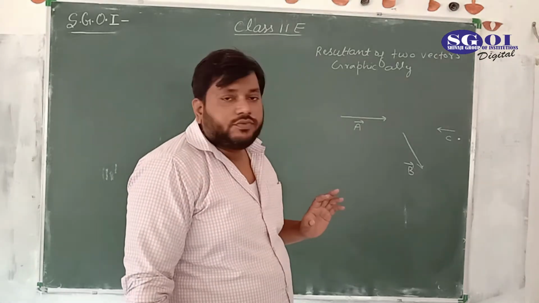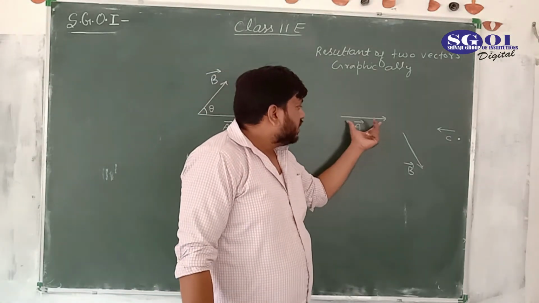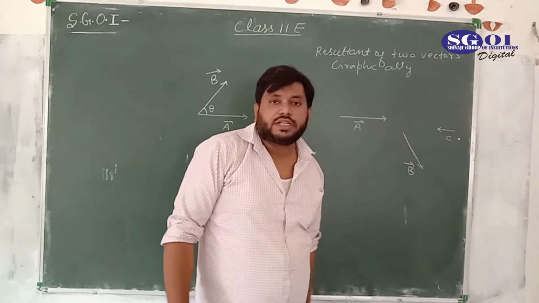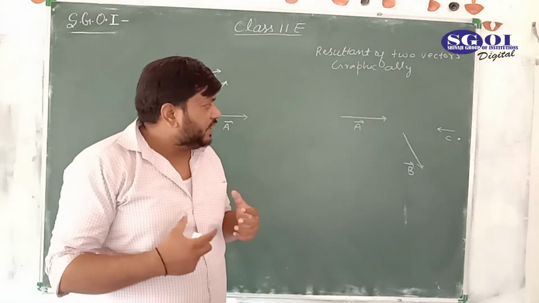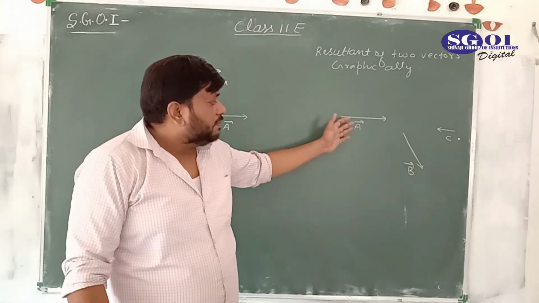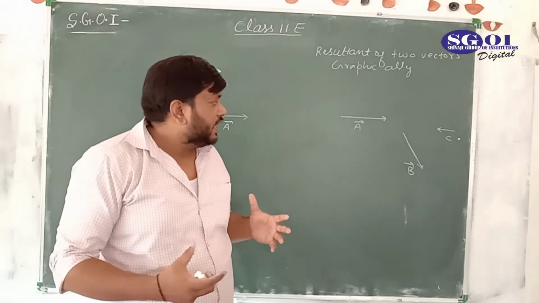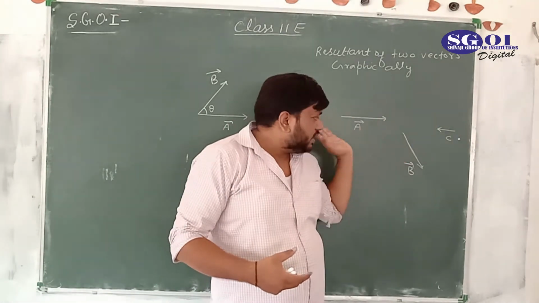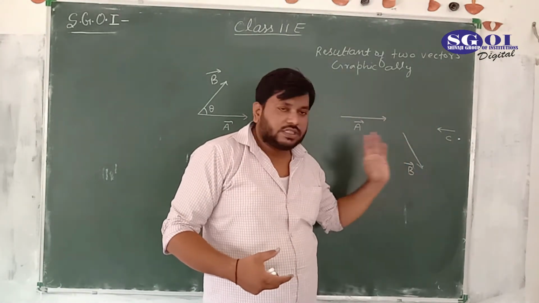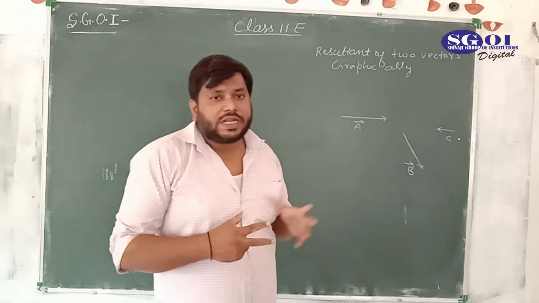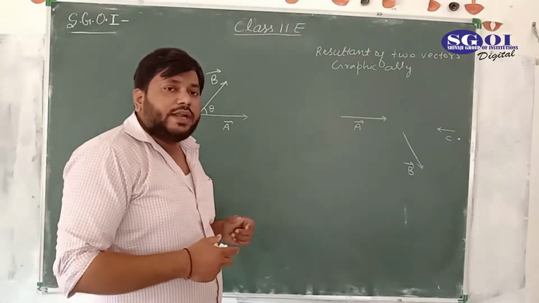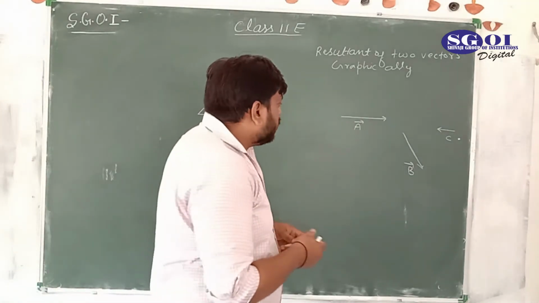You are seeing that the lengths of these vectors are different. It means we have taken the magnitudes of all the vectors different, and they are also pointing in different directions. So all the vectors have different magnitudes and different directions, and we want to add them graphically.